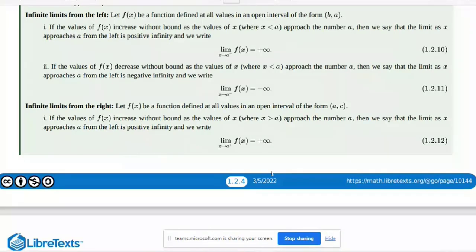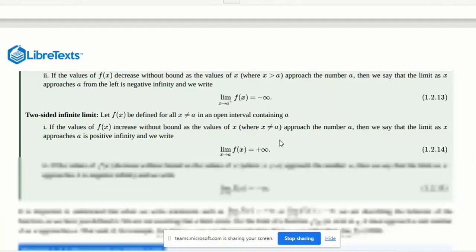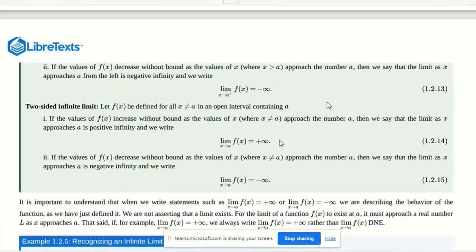That's how they arrived at that table below, which seemed not to make sense, which I said it will make sense as we continue. Now here, if the values of f of x increase without bound, we're expecting positive infinity. Where there is a decrease, we're expecting negative infinity.